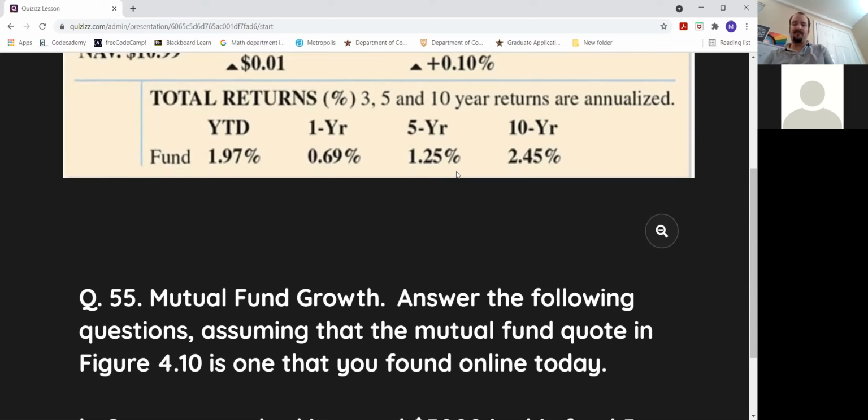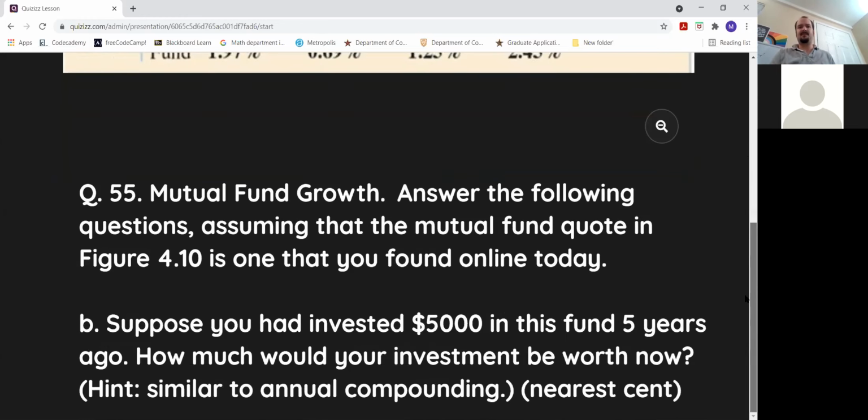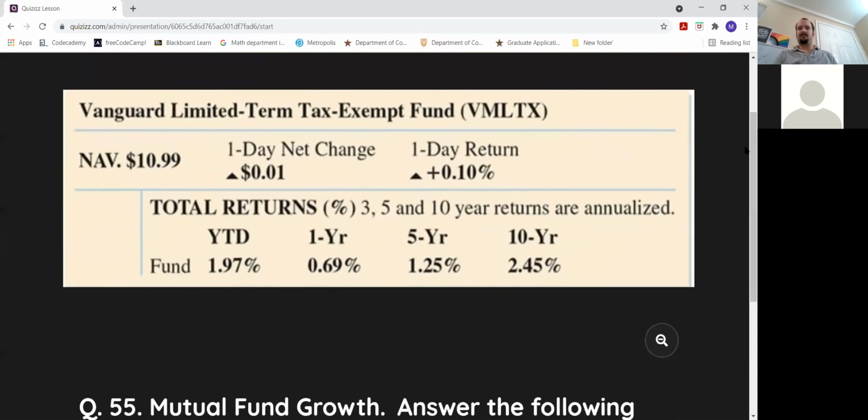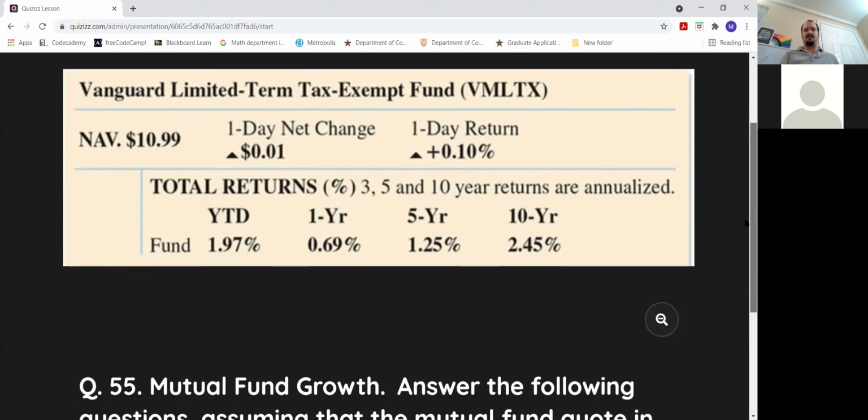And we're going for 5 years, starting with $5,000. And I believe this is also rounded to the nearest cent.